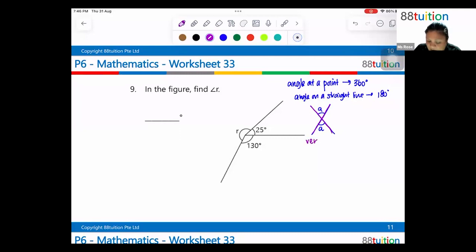Vertically opposite angles. Thank you. Okay, so it's vertically opposite angles. Then if I have it like this, whereby these 2 lines are parallel, what can you say about these 2 angles?